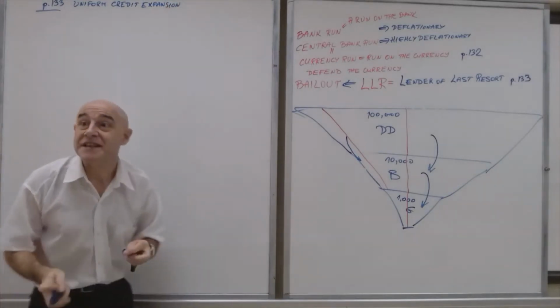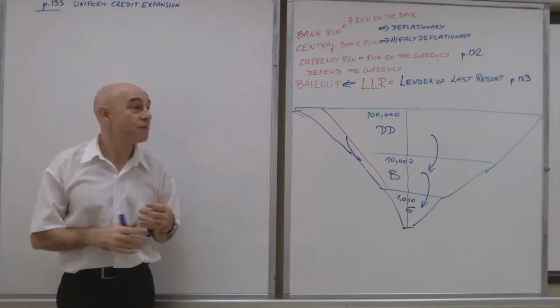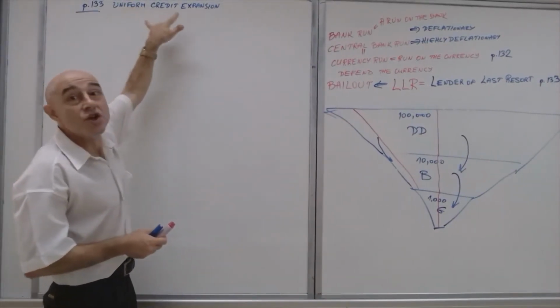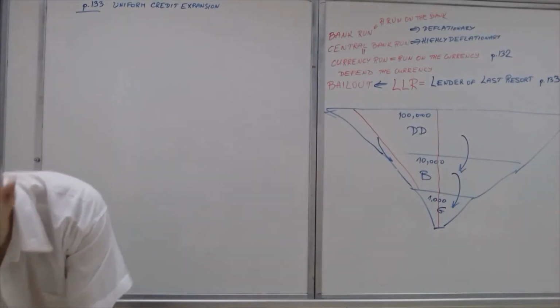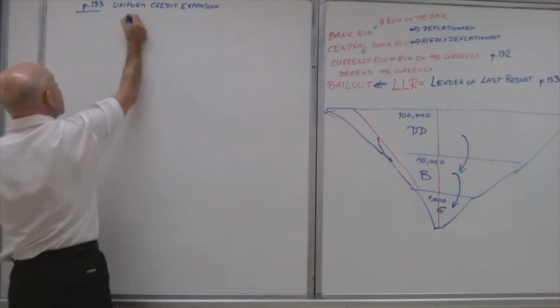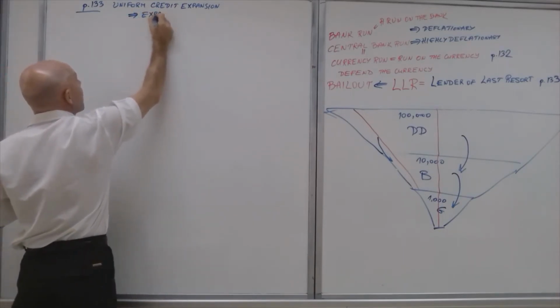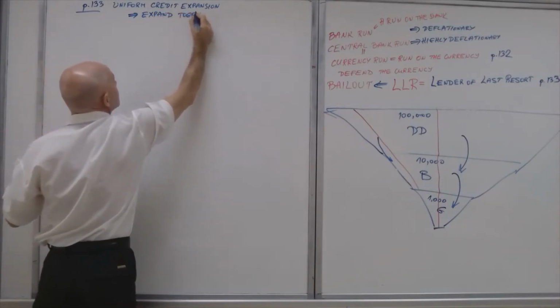Back to central banking. One of the main functions of the central bank is to maintain a uniform expansion of credit. As the textbook says, this is the same as commercial banks expanding together.